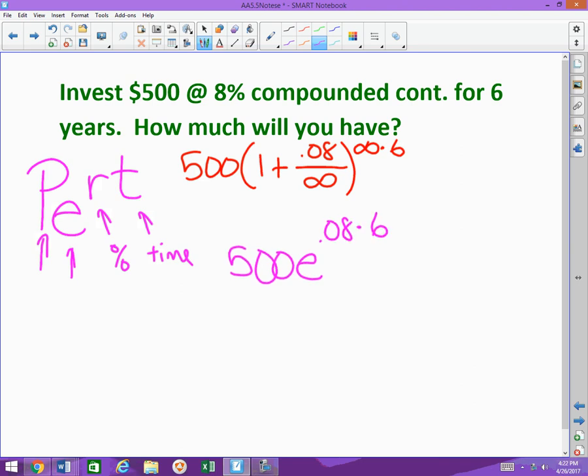And so if we put that in, you have to make sure that you put the 0.08 times 6 in parentheses. You would have approximately $808.04 and things.